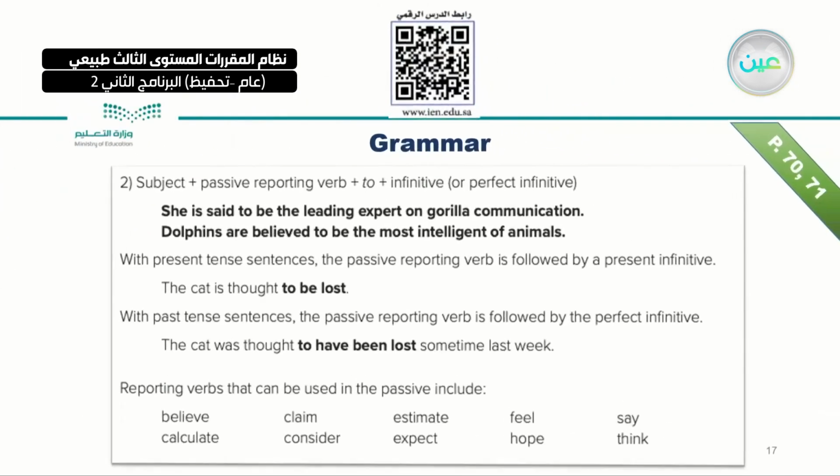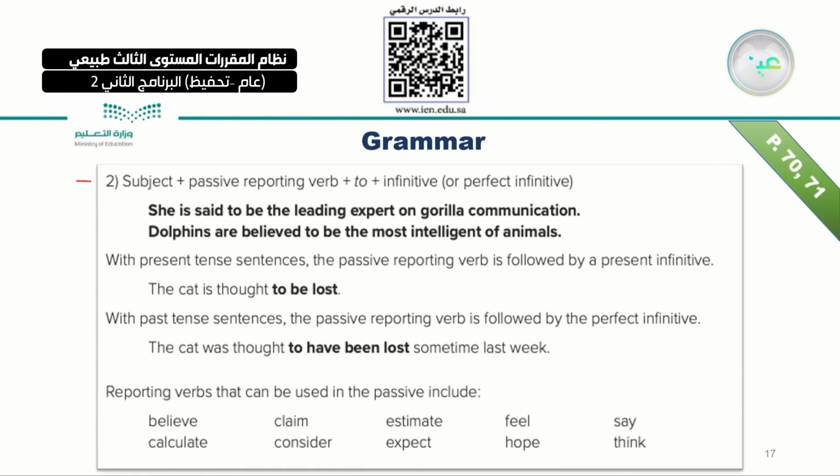The second structure we'll talk about is this one: subject, then the passive reporting verb, and the infinitive. Sometimes we'll use the perfect infinitive. She is said to be the leading expert on guerrilla communication. Dolphins are believed to be the most intelligent of animals. With present tense sentences, the passive reporting verb is followed by a present infinitive.